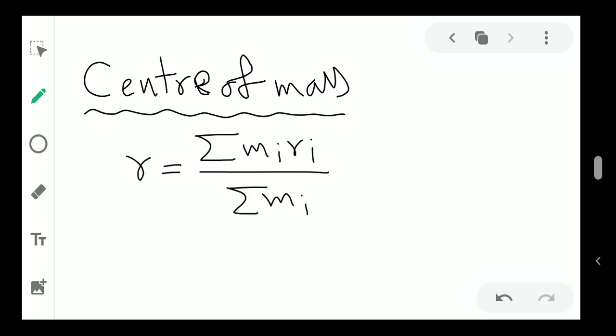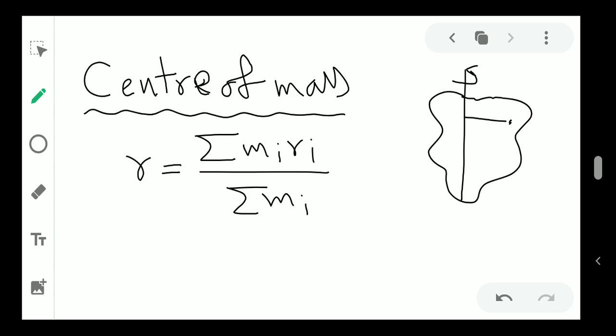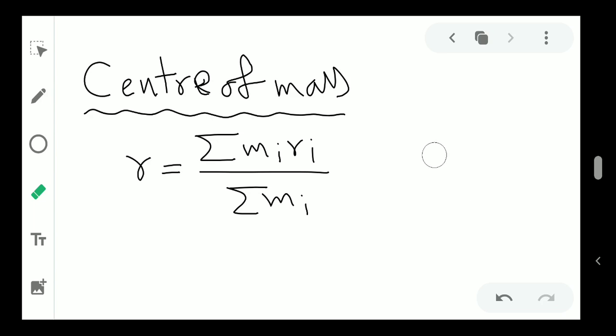So that means not only the mass, also the distribution from the axis decides where my center of mass will be. Now let's say I'm talking about a very simple system of two particles. This is one particle, this is another particle, this is m1, this is m2, whereas r is the distance between them.